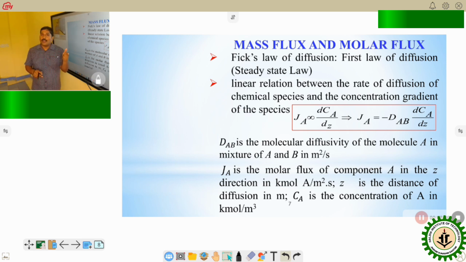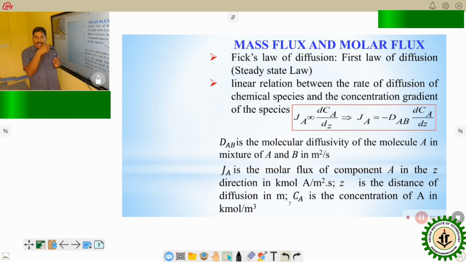Now you can recall that for heat transfer, the equation was alike. That is the rate of transfer of heat, capital Q, equal to minus K into A into dT by dx.